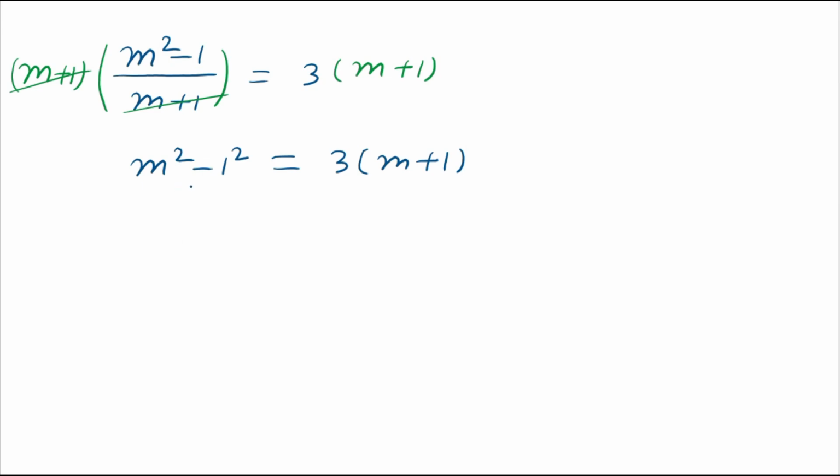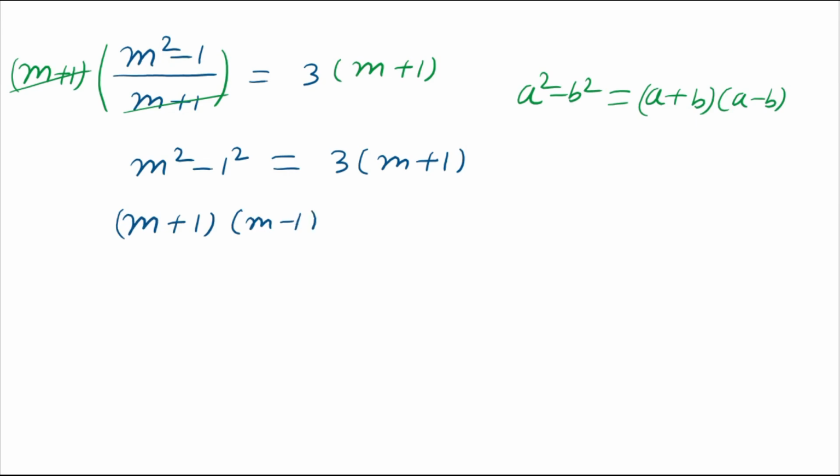On the left-hand side we apply a^2 minus b^2, the difference of two squares, which equals (a plus b) times (a minus b). So m^2 minus 1^2 is (m plus 1) times (m minus 1), and this is equal to 3 times (m plus 1).